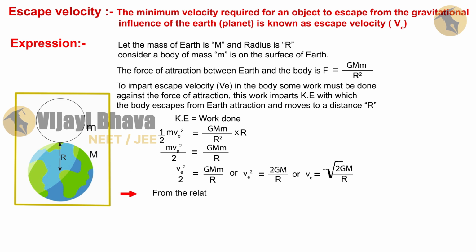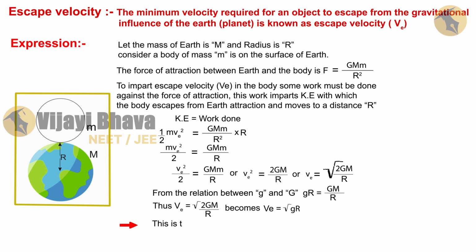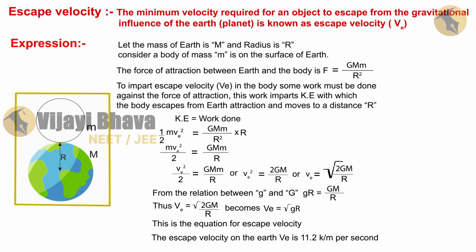From the relation between small g and capital G, gR = GM/R. Thus, Ve = root of 2gR. This is the equation for escape velocity. The escape velocity on the Earth, Ve, is 11.2 km per second.